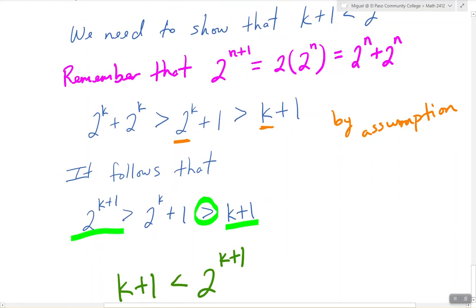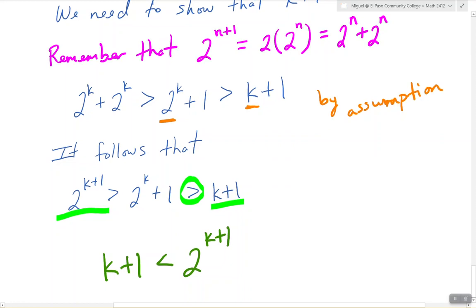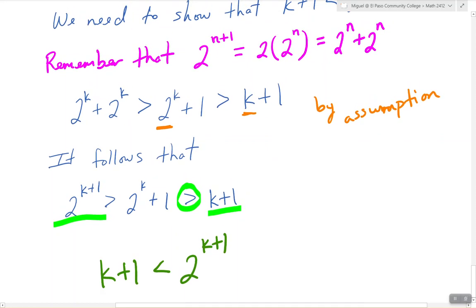The main trick here was not factoring, but rewriting 2 to the k plus 1 as 2 to the k plus 2 to the k, so that we could compare this with this. And then this compared with this was by assumption, so that proved that this was bigger than this.